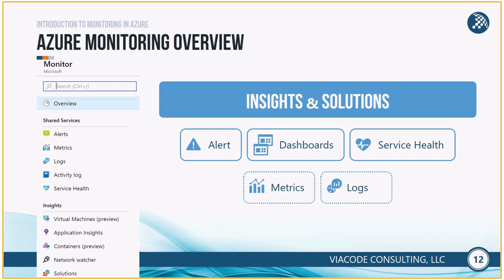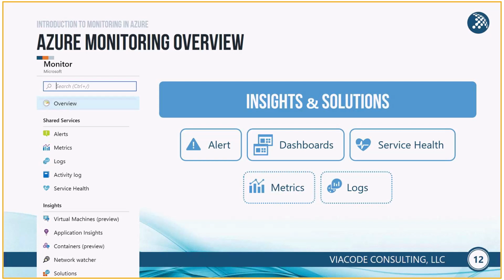Those solutions see that telemetry not as raw log entries or raw metrics. They understand what those log entries actually mean and can infer certain insights. For example, you can see a network diagram based on logs. You can see application topology based on logs, and so forth. So this is three layers, if you will, of Azure monitoring: metrics and logs, core monitoring primitives like alerts, dashboards, and service health, and then a number of insights and solutions.